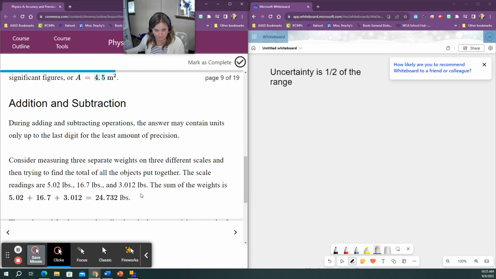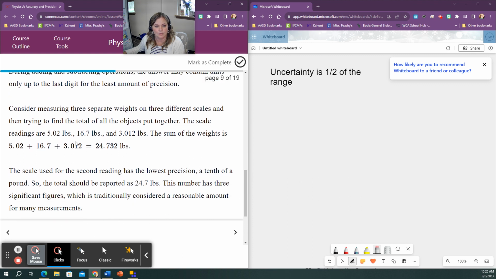During addition and subtraction operations, the answer may contain units only up to the last digit for the least amount of precision. So we have a bunch of objects, we're putting them on the scale, 5.02, 16.7, 3.012, and we add them all together. The least amount of significant digits here is 3.